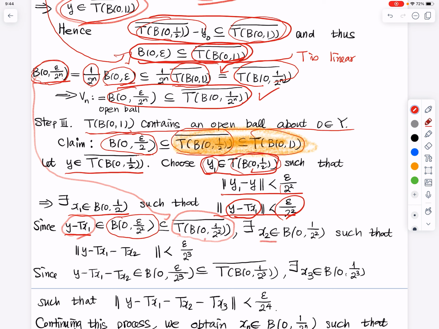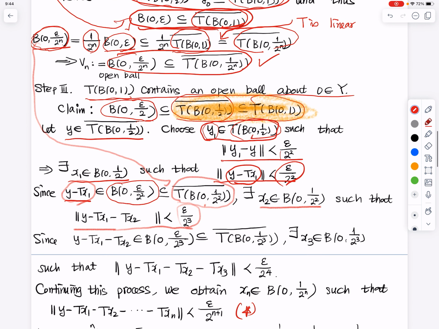Then there exists x2 such that the norm of y minus T x1 minus T x2 is less than epsilon over 2 cubed. Again this one belongs to this set, and by step 2 belongs to this set. Then I can choose x3 such that this one is less than epsilon over 2 to the 4. So we repeat this process.